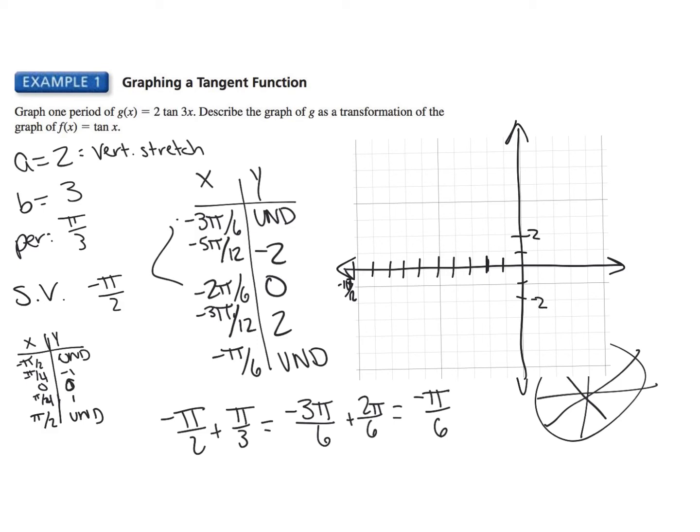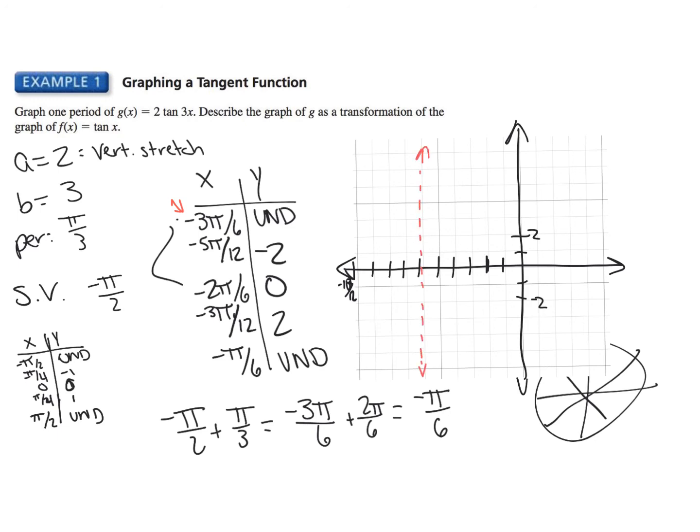Going in graphing, these tick marks are all by negative pi over 12 markings. My first point right here is going to be at negative 6 pi over 12, and that's going to be an asymptote.